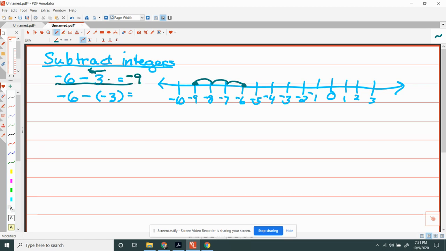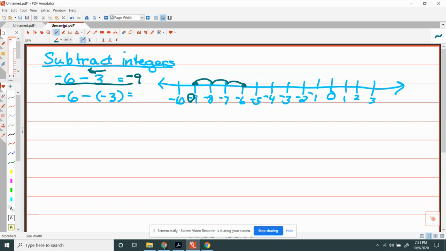So those had the same sign, but it looks like if we started out with our -6 and we just continued toward the left, keeping the sign, that could be the rule for integers with the same sign. So -6 minus 3, think of it as combining them.